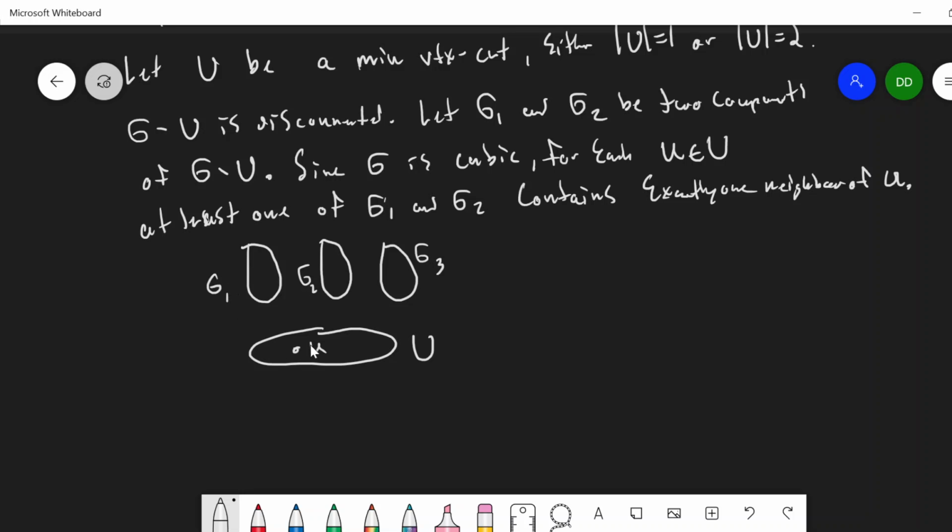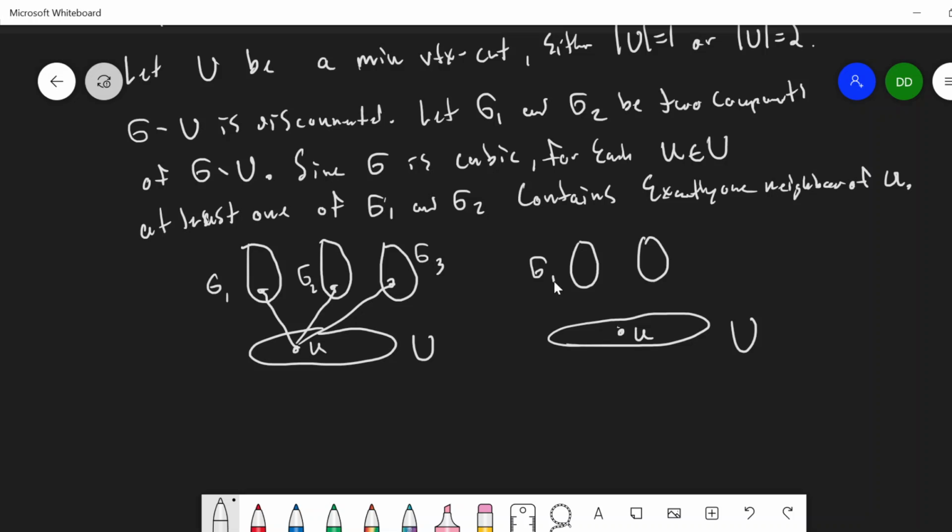So there's a couple things here. Little u could be adjacent to a vertex in each of these components, in which case, yes, at least one of G1 or G2 contains exactly one neighbor of u. We could also have the case where I have this vertex cut U. This looks like a face, doesn't it? Here's my little u again. Maybe I just have two components then.